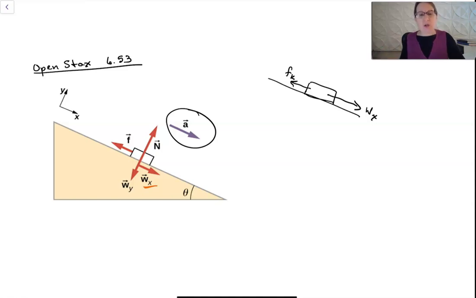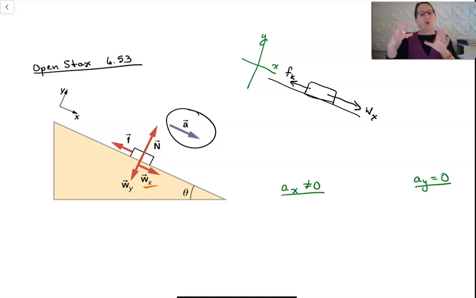Okay, so we're starting with a force diagram, and you can see already that we've got this tilted axis. The reason we use a tilted axis in this kind of situation is because it allows us to say a_x, the acceleration in the x direction, is not equal to 0, but the acceleration in the y direction is equal to 0.